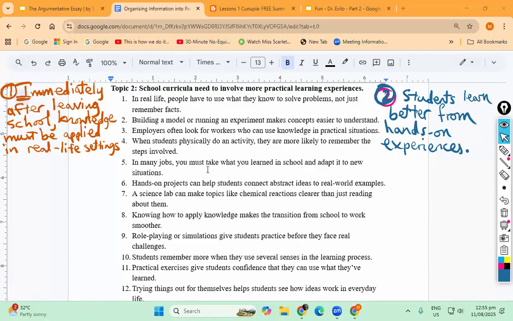Right, so tell me which numbers go into which group. As soon as you're ready. 1, 3, 5, and 8, okay, for group 1.